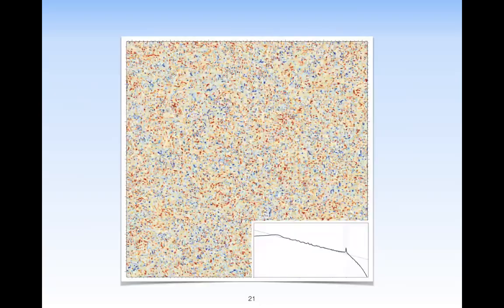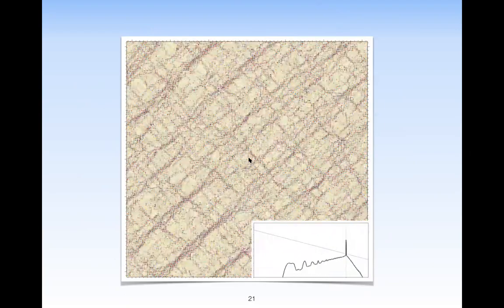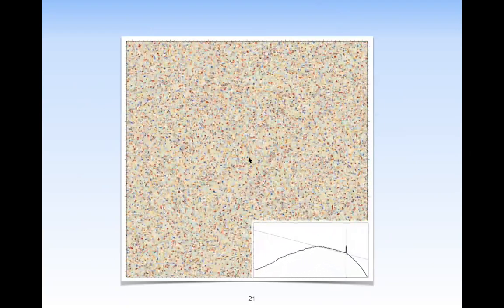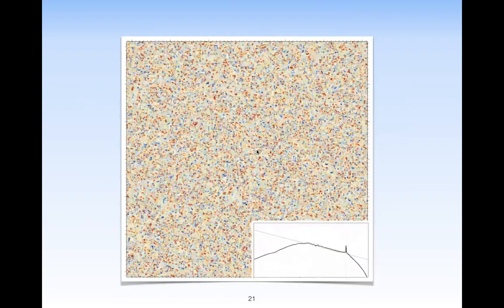Sorry, it was too fast. Once again, in the background, I'm plotting the vorticity. This is x and this is y. Here is once again the kinetic energy power spectrum on a log-log scale. As soon as I let this go, we see the formation of very small vortices and antivortices, that's red and blue respectively.